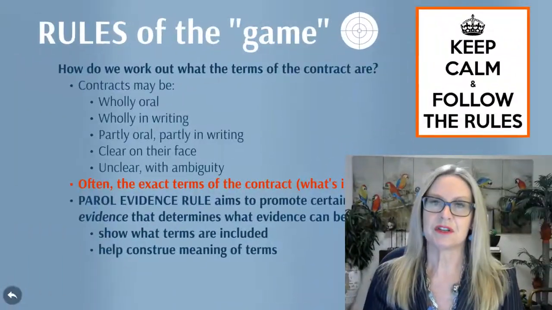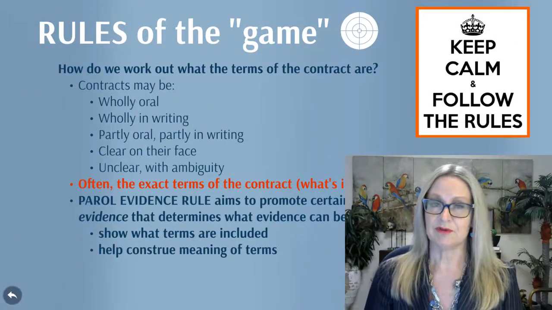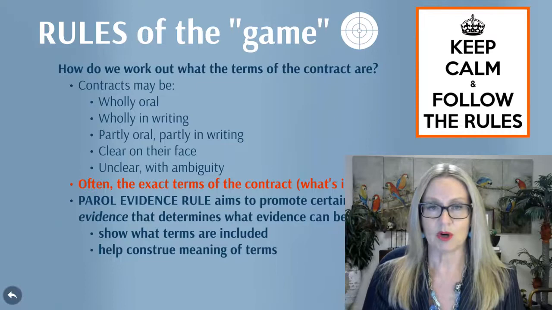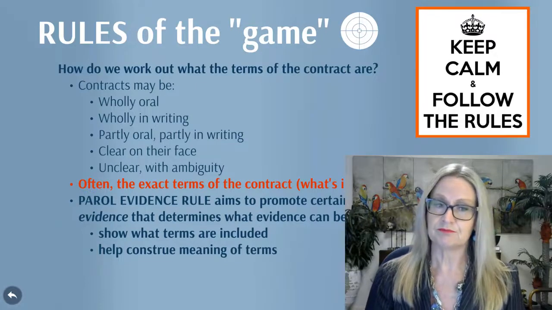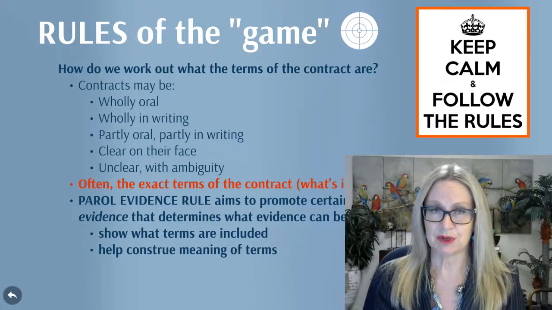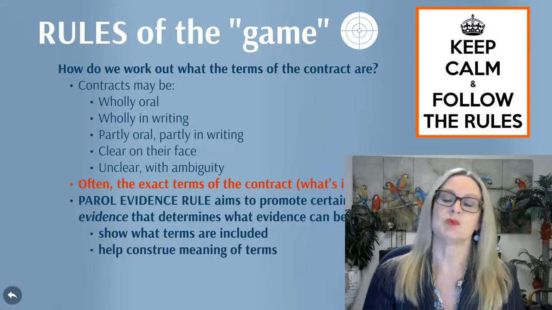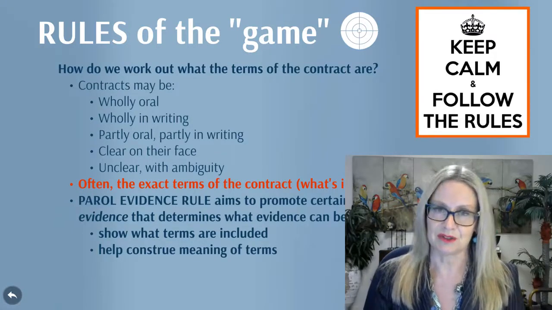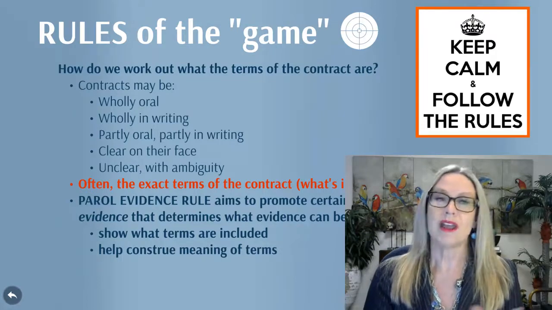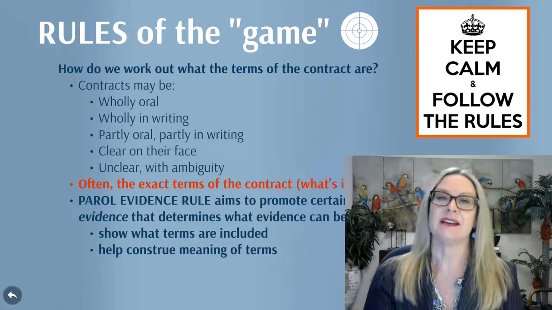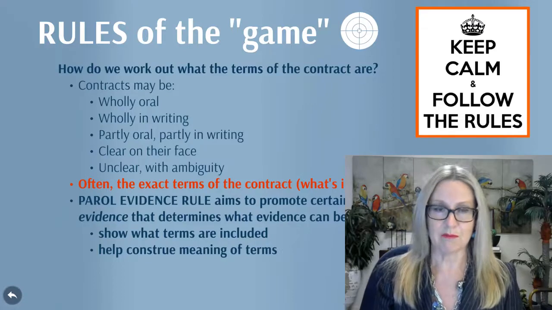As we saw in the introductory video, it can all be a little bit confusing to work out exactly what the terms of the contract are. Often the terms are going to be disputed and they'll be floating about all over the place, and that's why we started this video series with a little look at where you can go to find out what the terms of the contract might be.